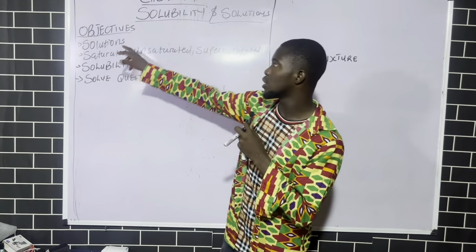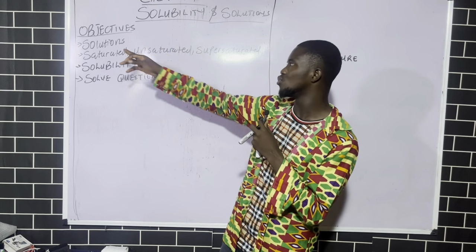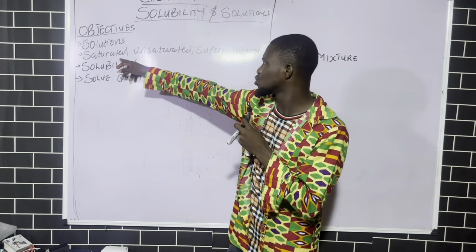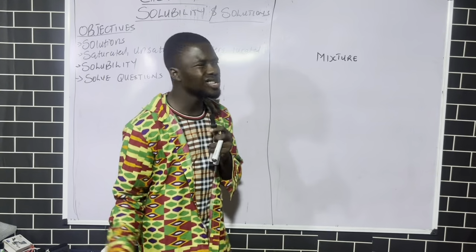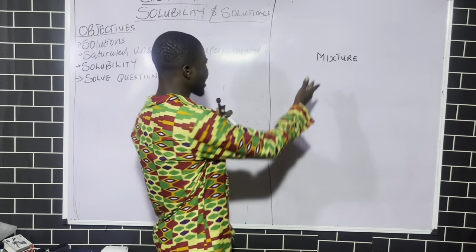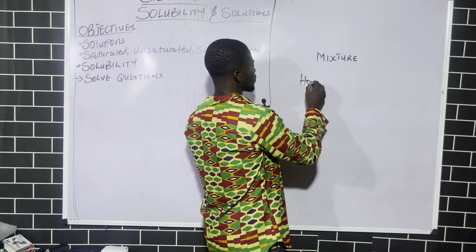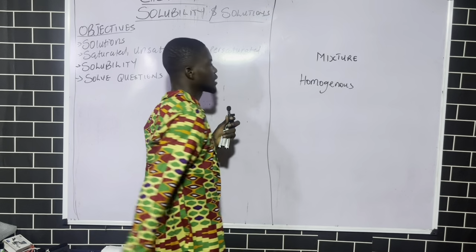When we talk about solution, if you are dealing with solubility, there is no way you will not understand solution. And if you are dealing with solubility, there is no way we will not talk about saturated, unsaturated, and supersaturated. So what is a solution? A solution is a kind of mixture, but it is homogeneous. It is very important we understand this.